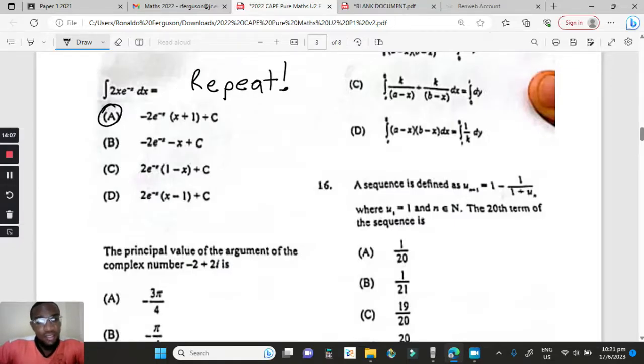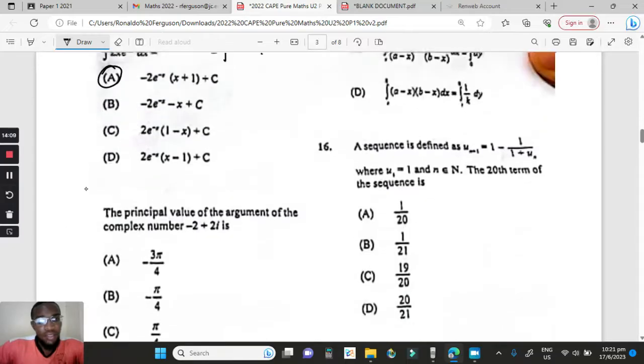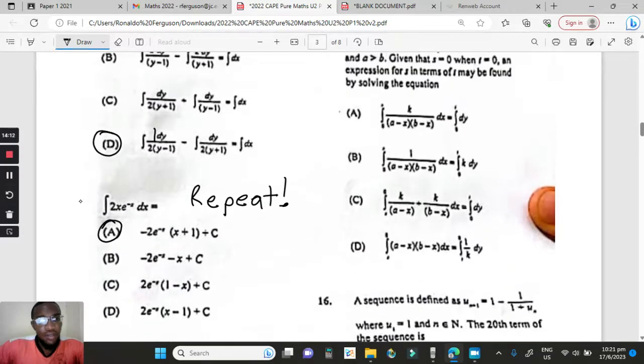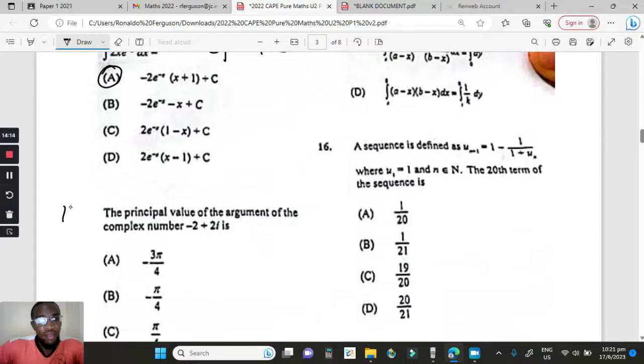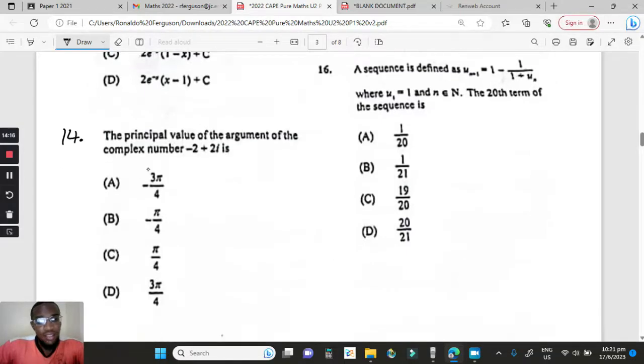Alright. Now, this question, number 14. The principal value of the argument of the complex number. So in that case now, remember, in this case, this is minus 2 and this is 2. So this is the argument.